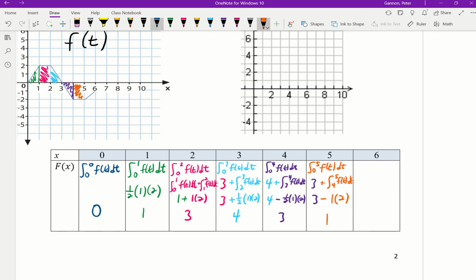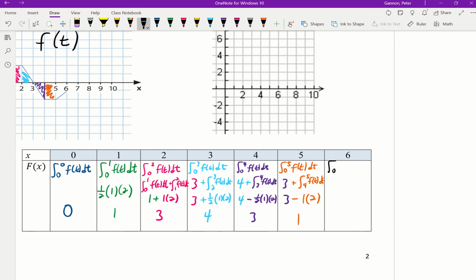And finally, we need the integral from 0 to 6 of f of t dt, which we can use the 1 that we got before, and we can add the integral from 5 to 6 of f of t dt. So we've got 1, and in this case we're not going to add, because from 5 to 6 we have this trapezoid. It's below the x-axis, so we're going to subtract 1/2.